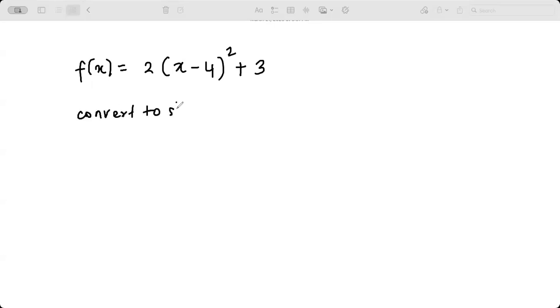Suppose I give you f of x equal to 2 times x minus 4 the whole square plus 3. Do you know how to convert it to standard form?